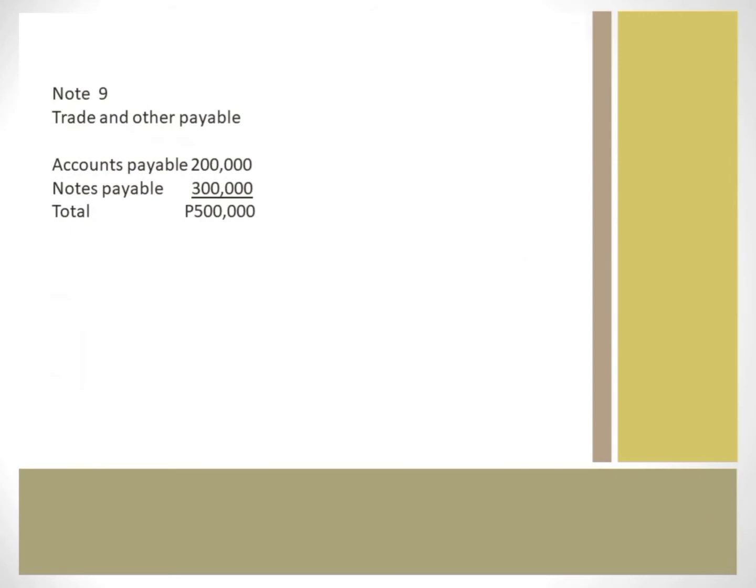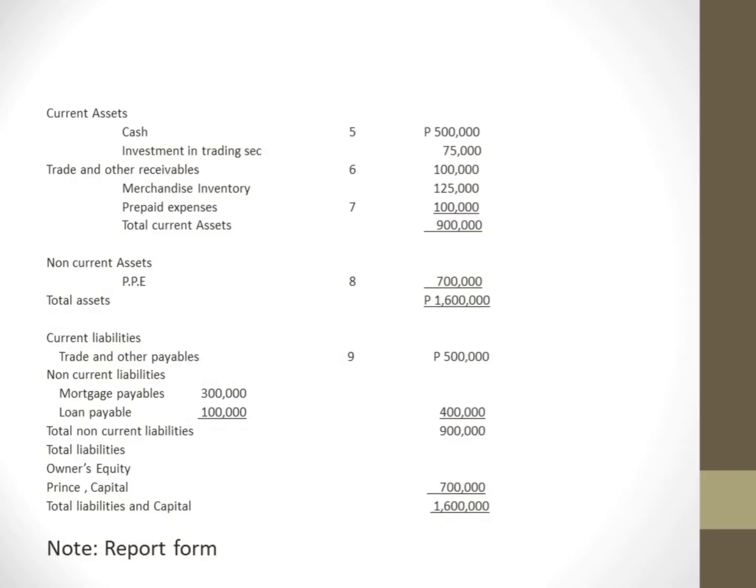This is now the financial statement of Prince Hardware. So what is the report that we prepared? Balance sheet. And when? December 31, 2020. This is the presentation in report form.